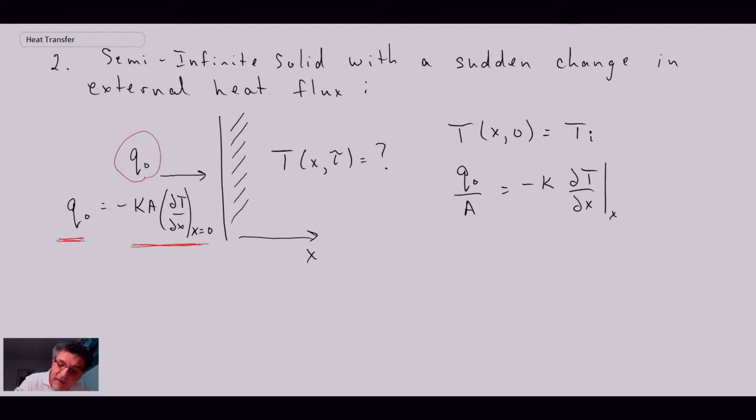Essentially, it specifies the slope of the temperature right inside of the surface, and that is for tau greater than 0. The solution for this one gets a little bit more complex, so let me write that on the next slide. Again, we have temperature as a function of spatial location and time.